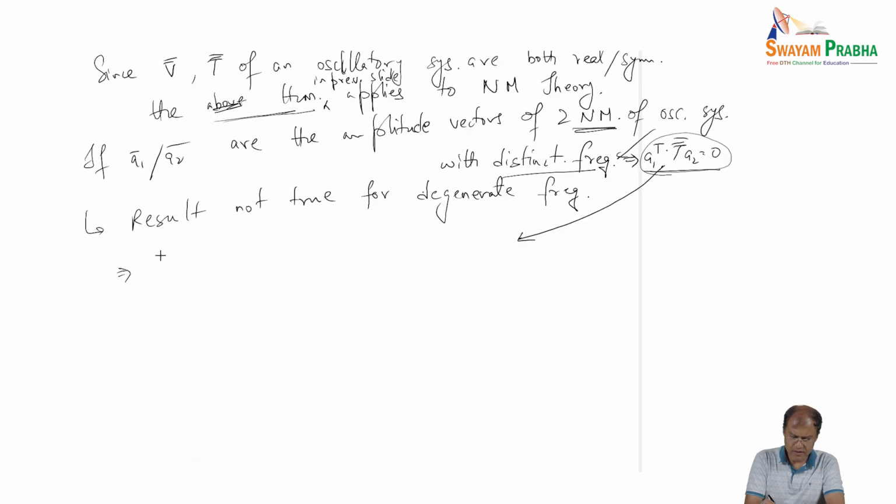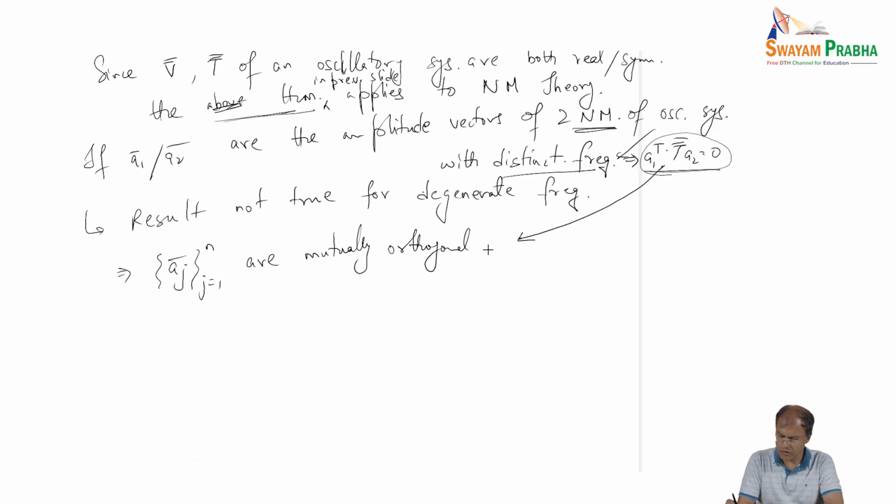So if my normal modes Aj, j from 1 to n, are mutually orthogonal, then Aj transpose T Ak is 0, and j is not equal to k here. So these are distinct eigenvectors, and this is my condition for orthogonality with respect to the T matrix.